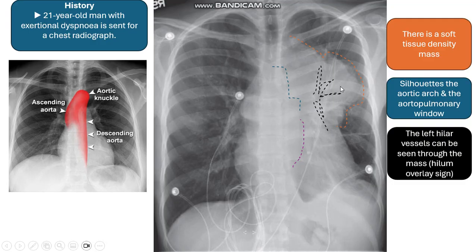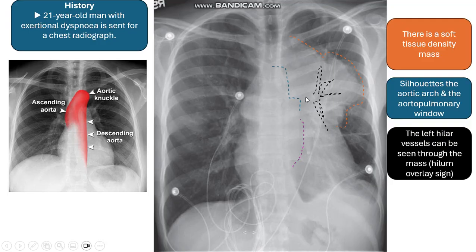So this mass here is not a middle mediastinal mass and is not a posterior mediastinal mass. It is an anterior mediastinal mass. Again, it is an anterior mediastinal mass because it obscures, or is seen silhouetting, the aortic arch and the aortopulmonary window.